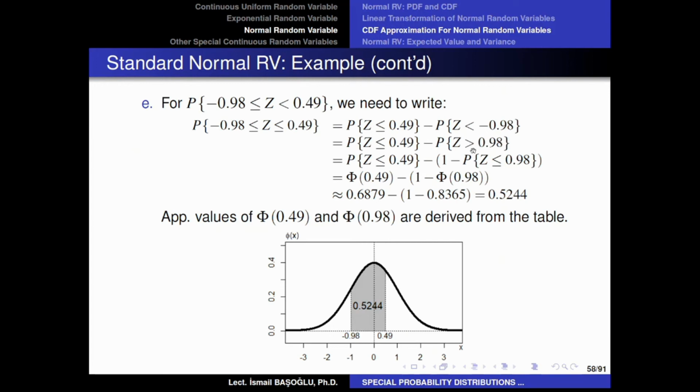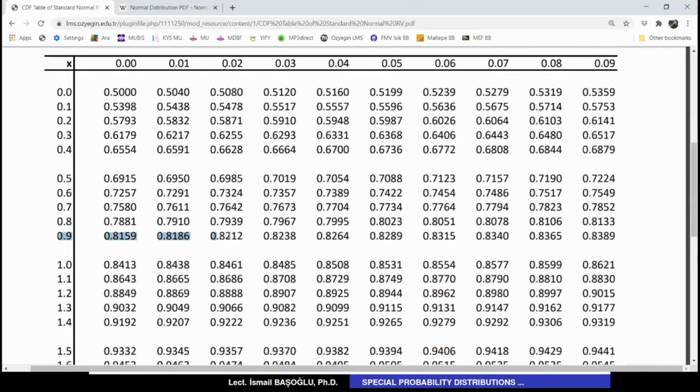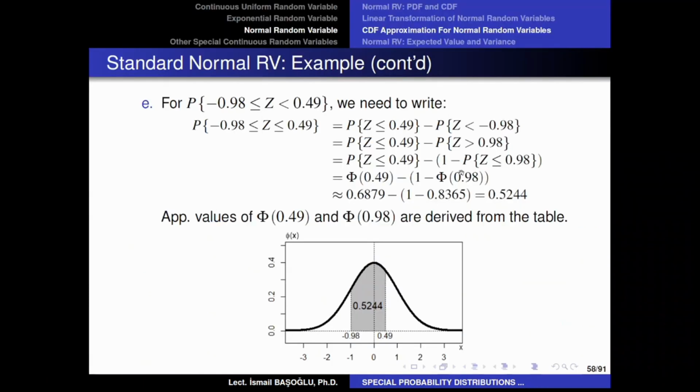And that tail probability will be calculated as 1 minus the CDF at Z, which is 0.98. And the CDF at 0.98 is what? Let's check that out as well. The CDF at 0.98 is 0.8365. And if I subtract 0.8365 from 1, I will get my answer, which is 0.5244.